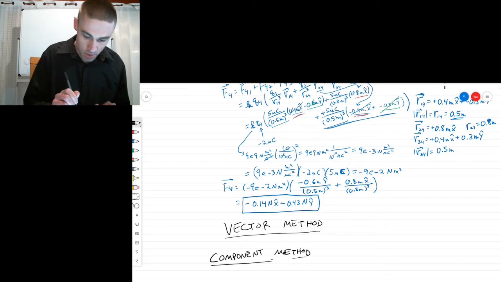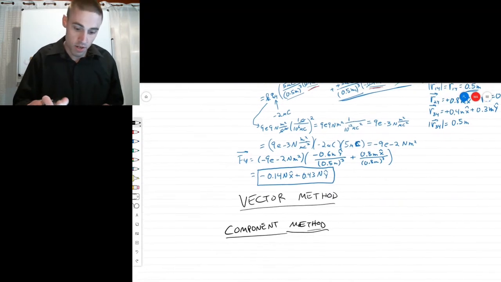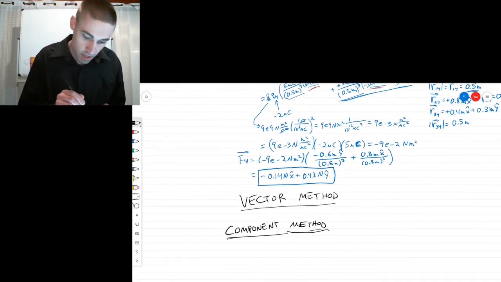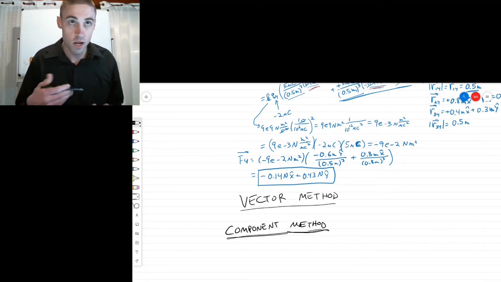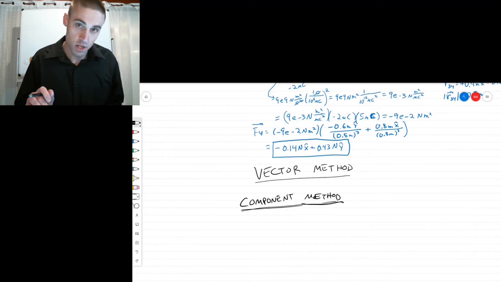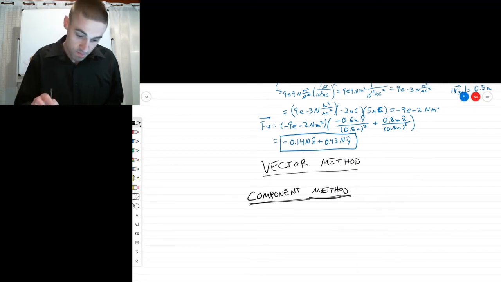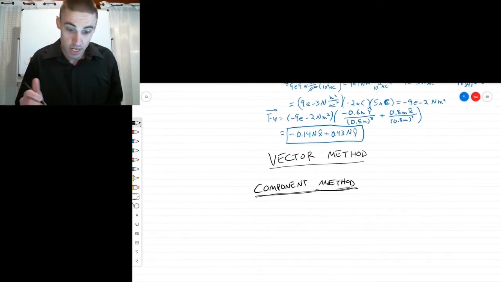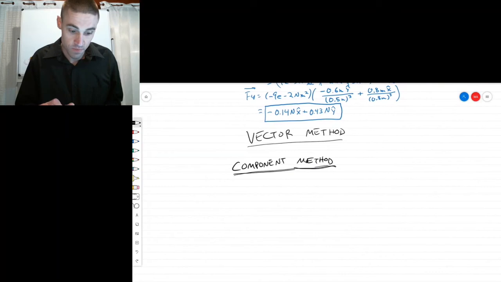And this is important because this particular calculation and calculations like this are going to be really common. They're going to appear again and again as we're going through this course. You're going to have to get really familiar with vectors and working with vectors in order to get good at electricity and magnetism type of calculations.